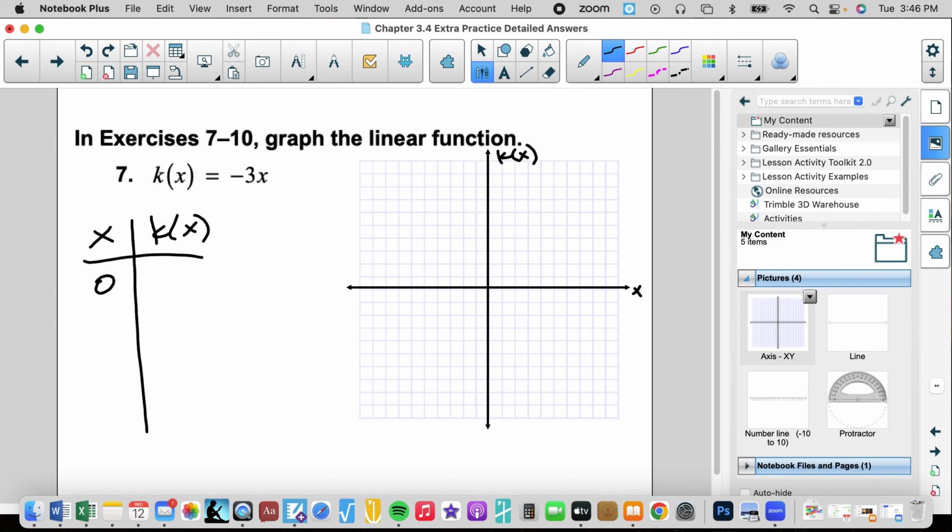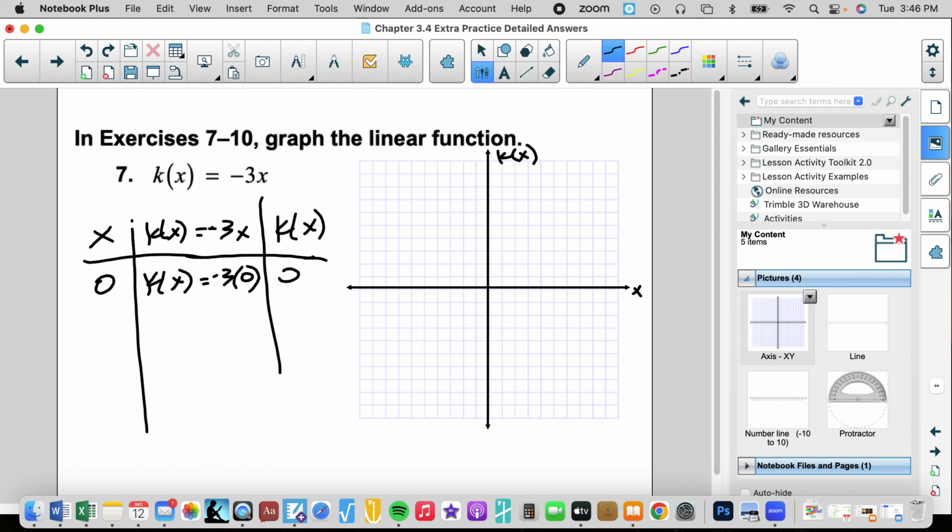So I can plug in 0. And I would get 0. K of x equals negative 3x. So k of x equals negative 3 times 0, which equals 0. We can plug in 1. Sorry, I should be notating it that way.